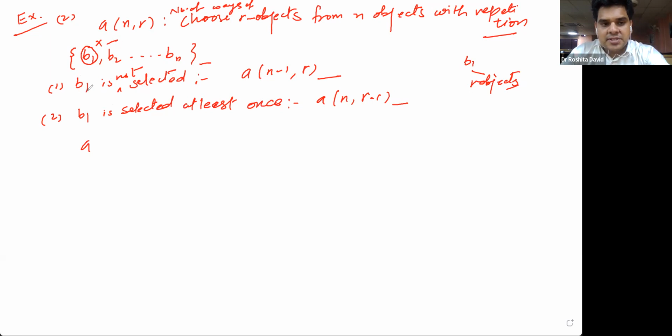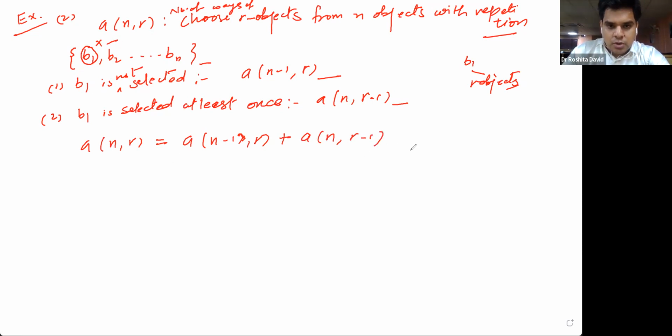In the first we are saying b1 is not selected, and in the second we are saying b1 is selected at least once. So since both are mutually exclusive, a_{n,r} is going to be the sum of these two results. Okay, so this is going to be the recurrence relation.